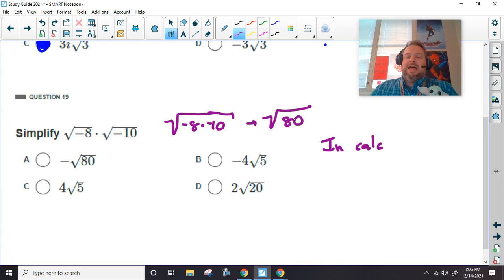I would take that and I would actually get 4 root 5. And the reason why is because a perfect square that you could divide 80 by is 16. But we don't really need to worry about that. We just plug it in the calculator and we're good.